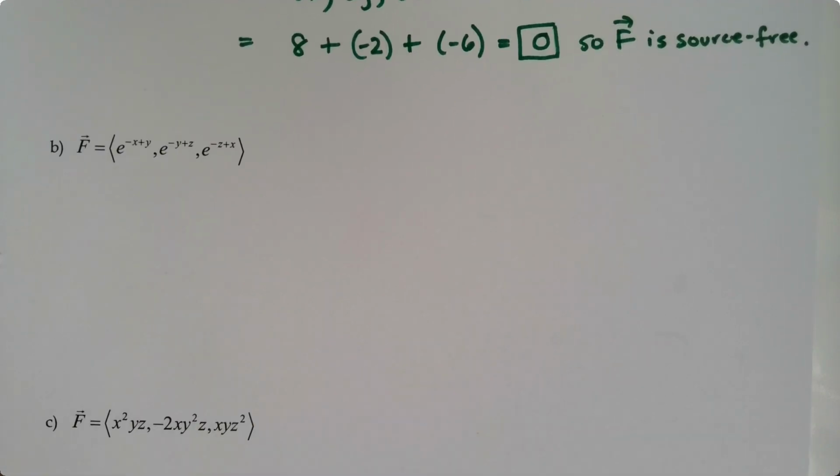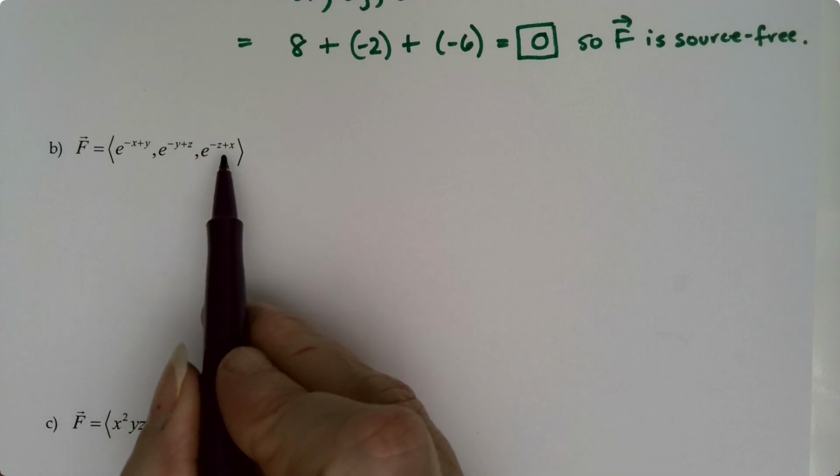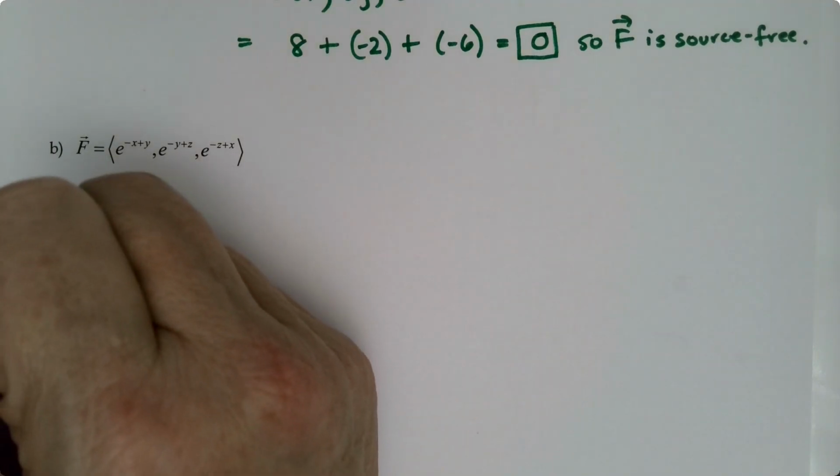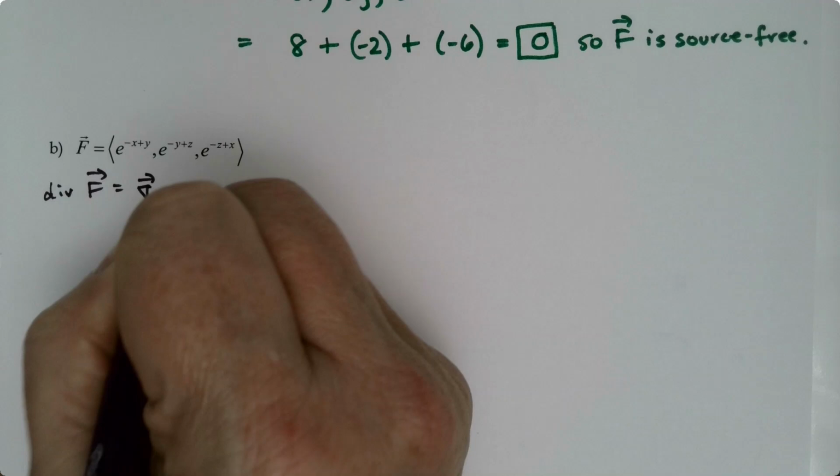All right, let's look at the second one. We have e to the negative x plus y, e to the negative y plus z, and e to the negative z plus x. So the divergence of f will be equal to the del operator dot product with that.